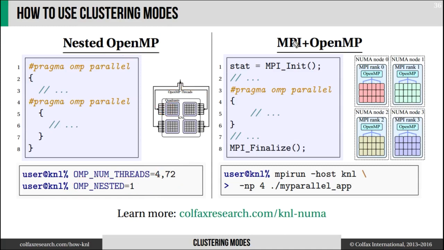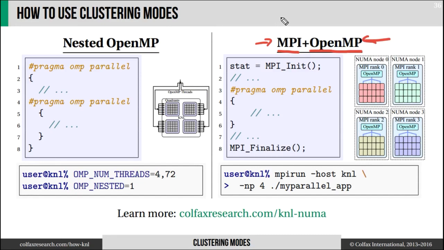Alternatively, you can use a hybrid approach where you use multiple processes with multi-threading inside, and it is convenient to do this using the MPI framework for scaling across multiple processes and the OpenMP framework for scaling across multiple threads.